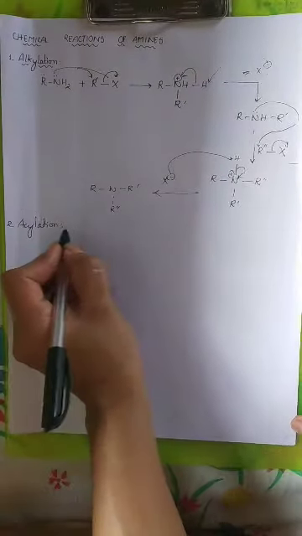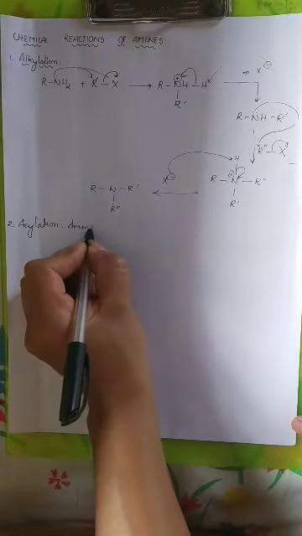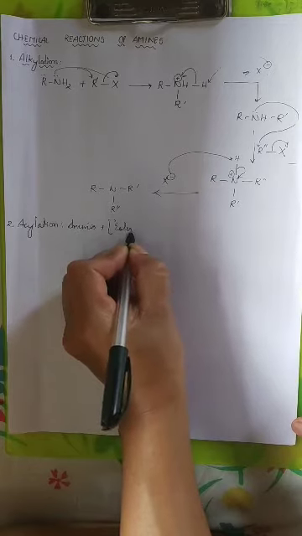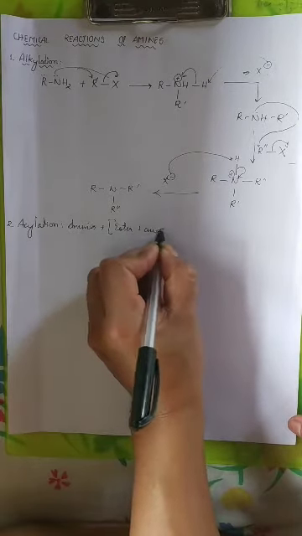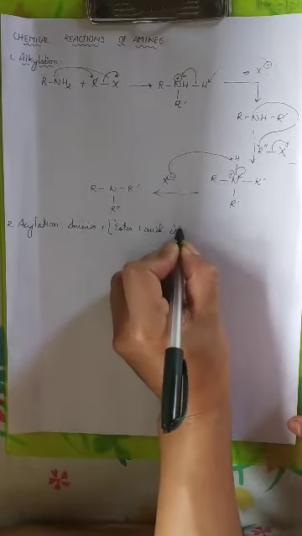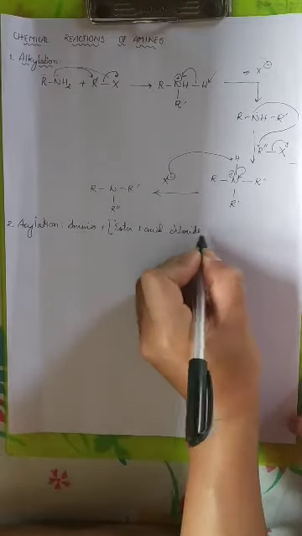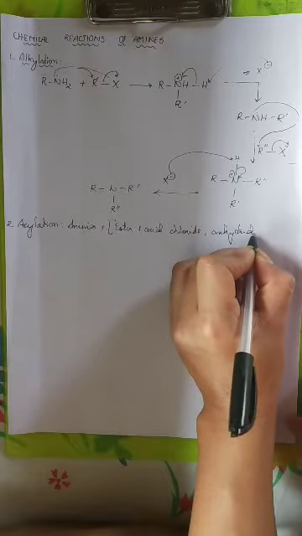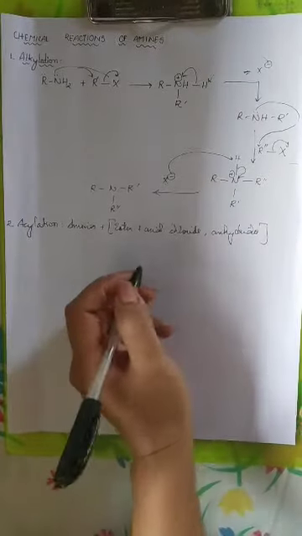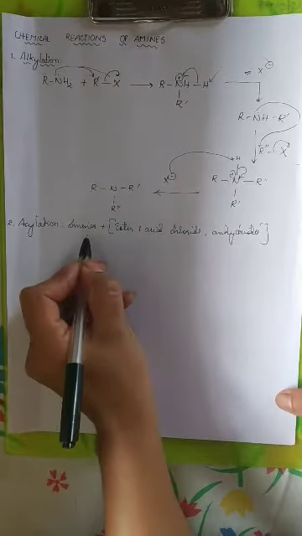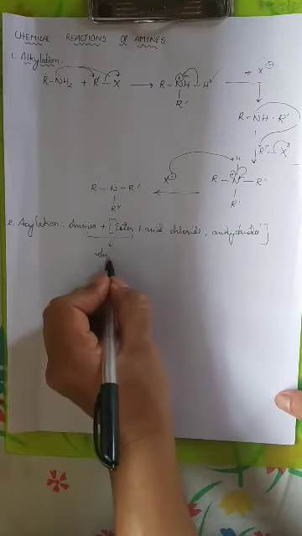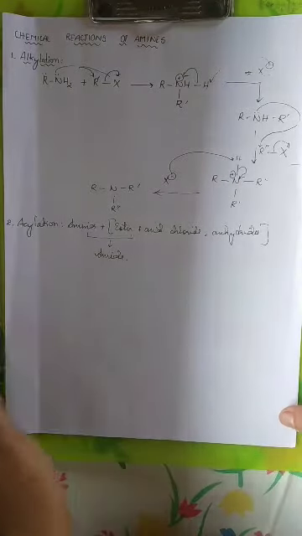Now, in acylation reaction, our amines will react with esters, acid chlorides, and anhydrides to give our resulting product. And in this acylation reaction, our final product will be amide. It will give us amide.